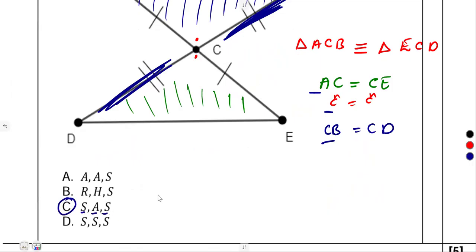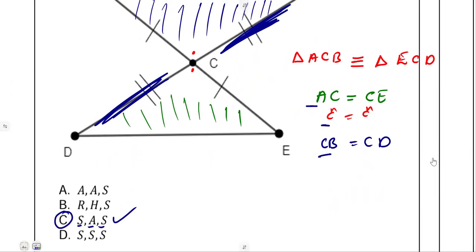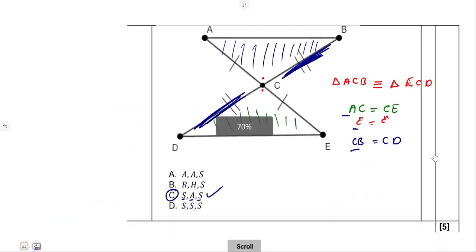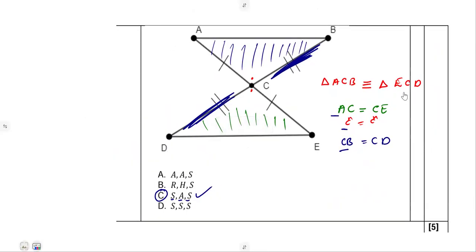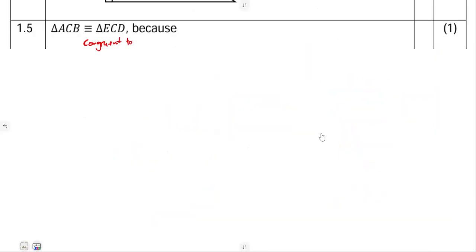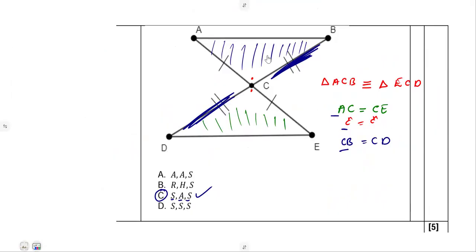Side, angle, side. That's C, the best answer, where we have that condition from one part to another as we are given the two triangles. All right, so that was it here.